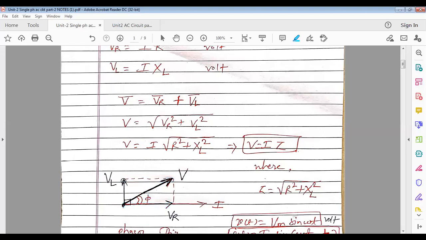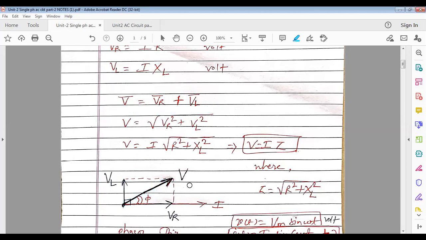Next, for VL, parallel to it and of the same length, VL. These two are parallel to each other and of the same length. This is called the law of parallelogram. Their intersection and the origin you join, and that is the resultant voltage V, because the phasor sum of VR and VL is V.